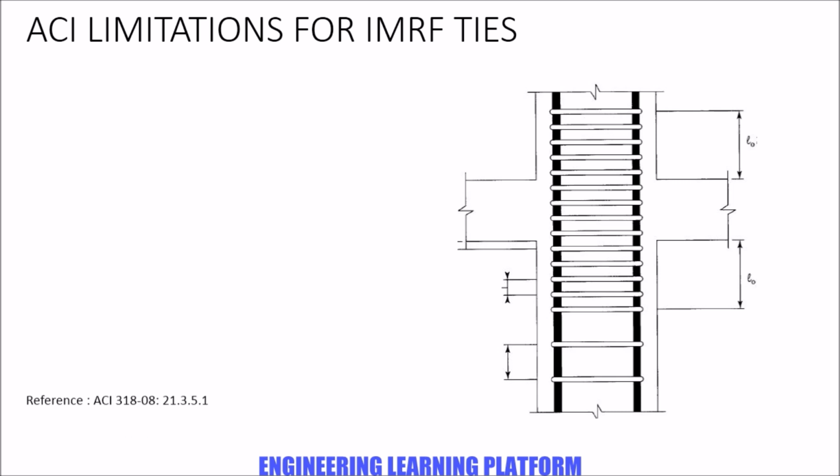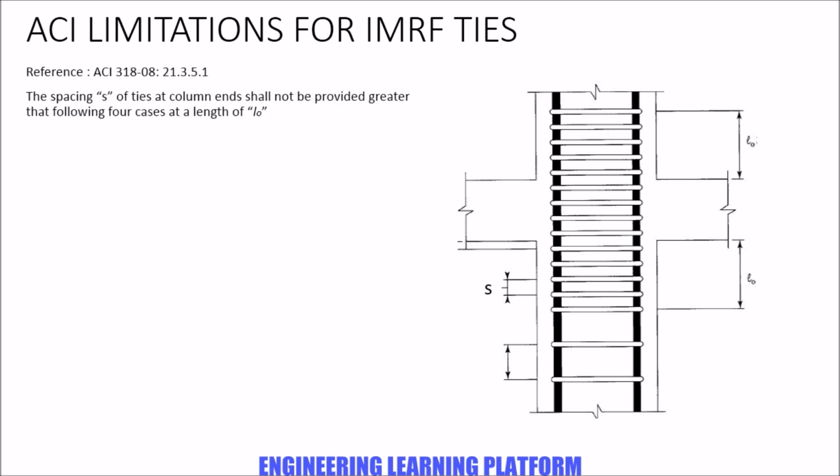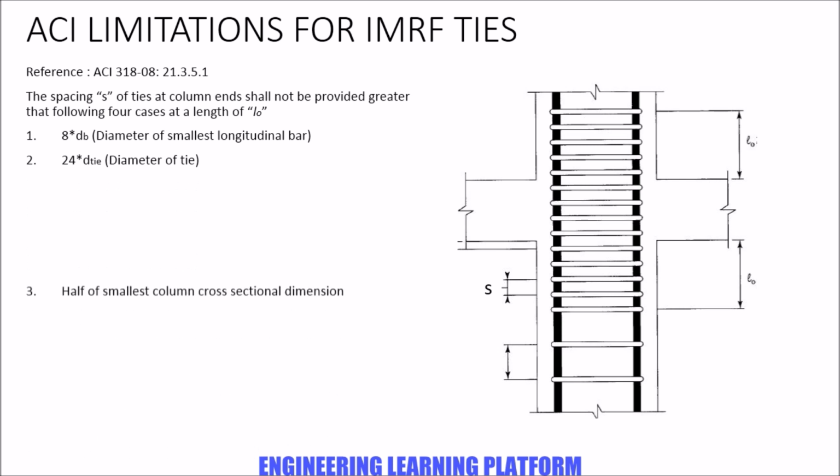First of all, we need to know the limitations for an intermediate moment resisting frame per the ACI code. The spacing S of the ties at columns shall not be greater than the minimum of four cases at a length L0: 8 times the diameter of the smallest longitudinal bar, 24 times the diameter of the tie, half of the smallest column cross-sectional dimension, or 12 inches.